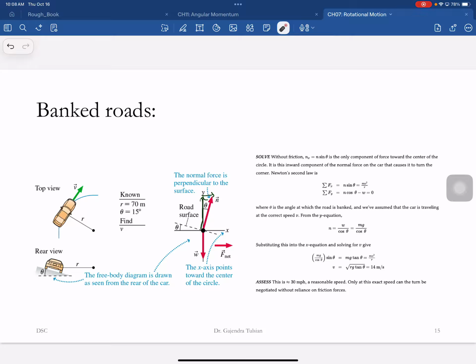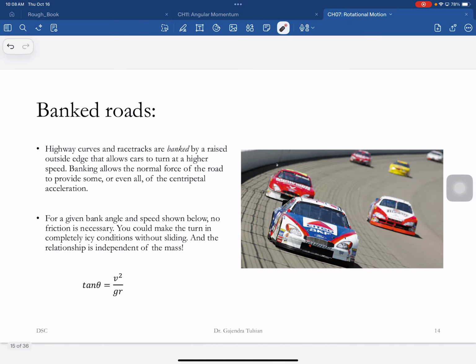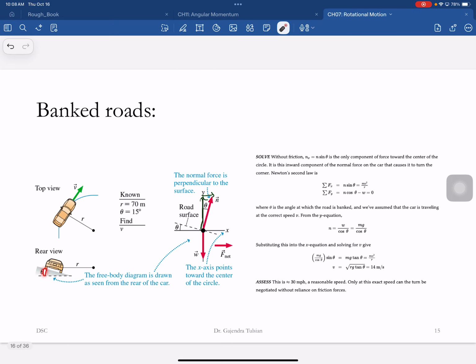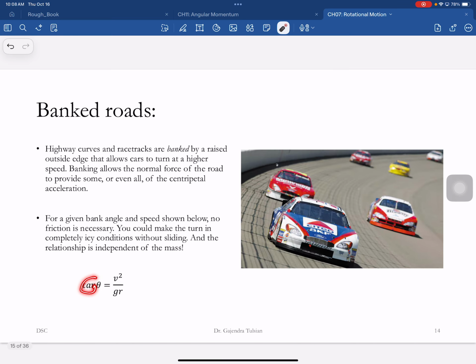So on a banked road, the normal force has become larger, and it's at an angle, and it's providing the centripetal force. So here's the correct angle. If that is the bank angle, tangent of the bank angle, if you go at this speed, then you don't need any friction force.